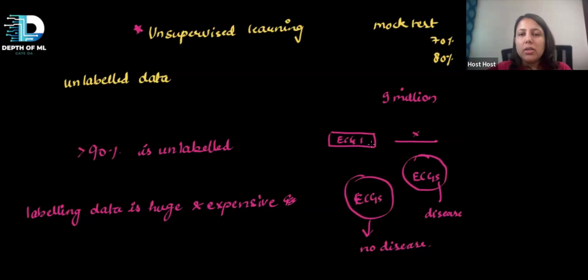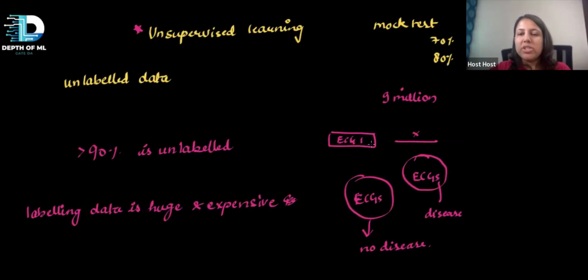So basically, there is no labeling available. It's just the data. For example, if I start scanning your medical documents right now without any diagnosis, you guys will take ECGs whenever you're going to IIC, right? If I just collect all the ECGs of IIC students and I don't have the diagnosis associated with it, that is just ECG.